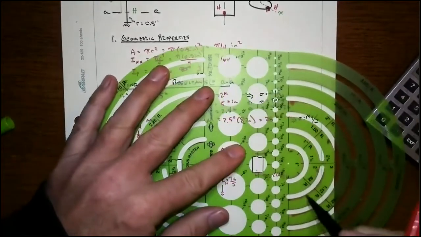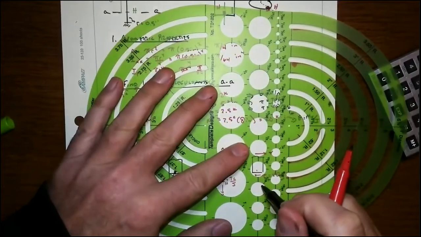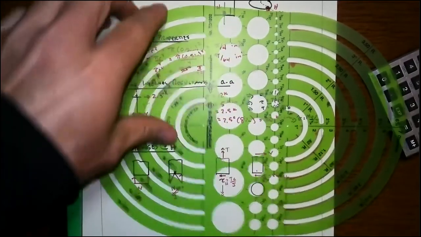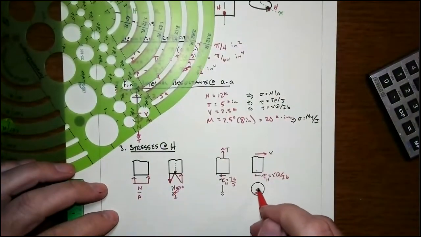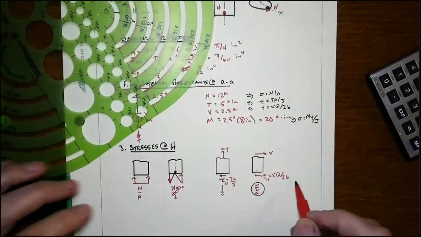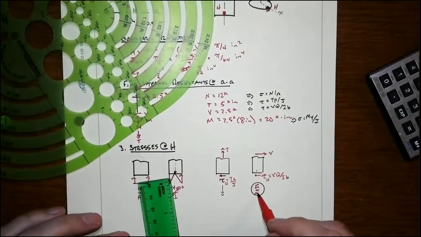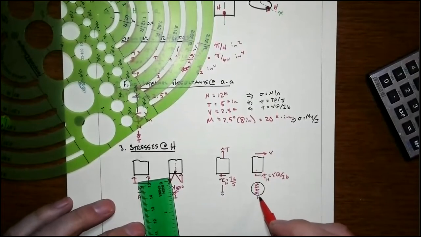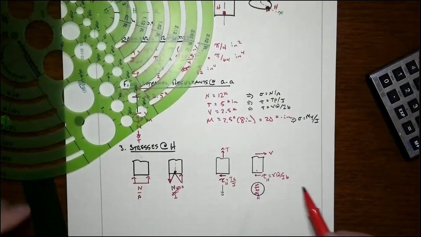This model of tau equal VQ over IB is meant for rectangular cross sections. So it's not quite accurate for a circular cross section to use tau equal VQ over IB over the whole thing, but it is reasonable at the neutral axis, which is where point H is located. So this one would actually be okay.